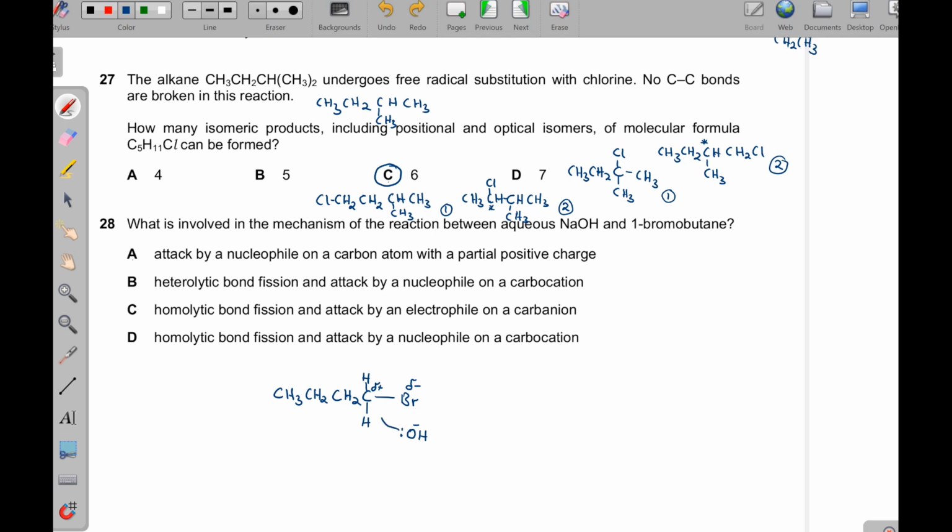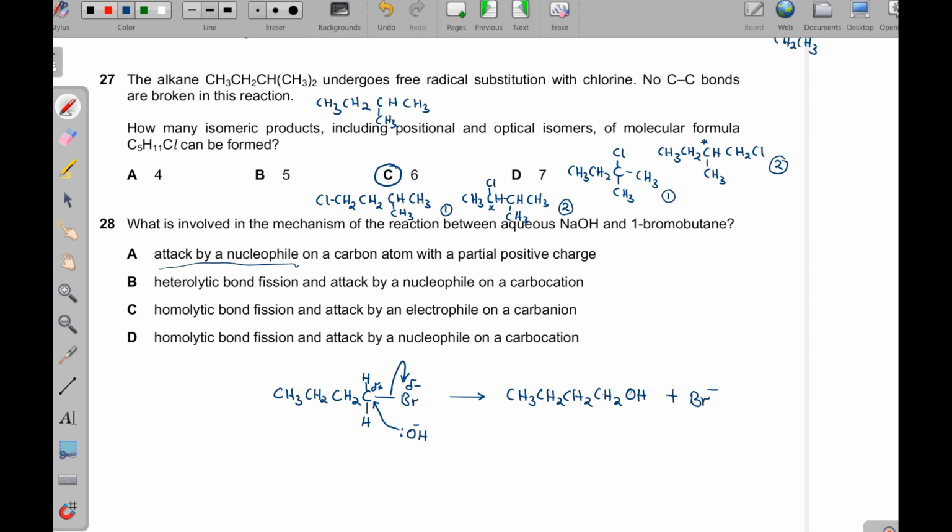So this one therefore donates the electrons to the carbon with a partial positive charge, and then this one breaks off. Then we are going to have CH3, CH2, CH2, then there is CH2, and then OH, plus the bromine here, which is given off, the bromide ion.